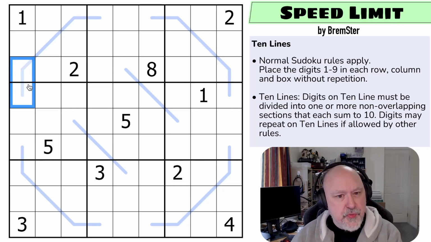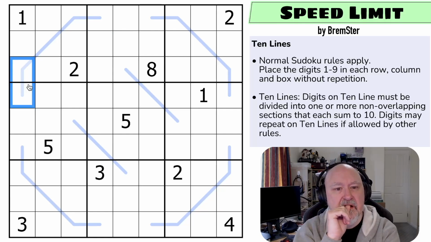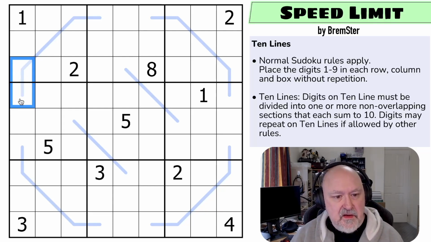How do I do the 3 cell... One of these must be a 3 cell 10 sum section. Because as I said, if I didn't make a 3 cell 10 sum section, I'd have a 2 and a 2, and then there'd be a 1. One of these must be a 3 cell 10 sum section. So what is a 3 cell 10 sum section, considering I can't put a 1 on this line anywhere?